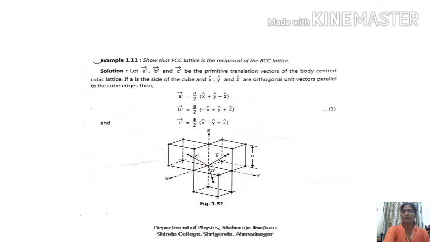In order to prove that the reciprocal of body centered cubic lattice is face centered lattice, one has to consider three body centered unit cells as shown in figure, which are present in a body centered cubic lattice.